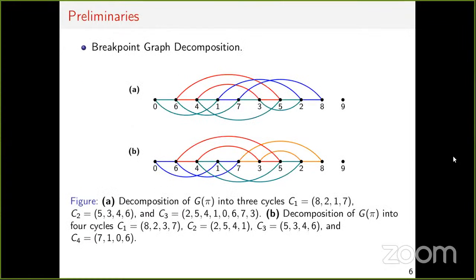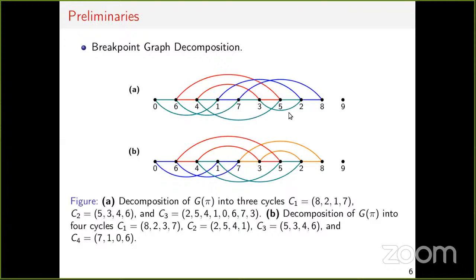So now we arrive at the breakpoint graph decomposition problem, which consists in finding a set of edge disjoint alternating cycles with maximum cardinality. That is, we must decompose the edge set of our graph into alternating cycles that do not share an edge, in a way that maximizes the number of cycles.